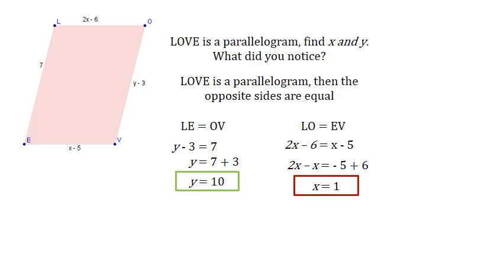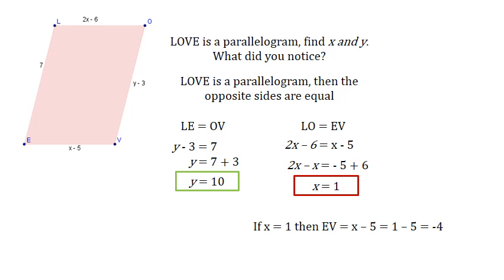Could you observe it? If x equal 1, then the measure of the side EV is x minus 5, which is 1 minus 5. It is minus 4. Minus 4 is the length of the side. It is impossible.